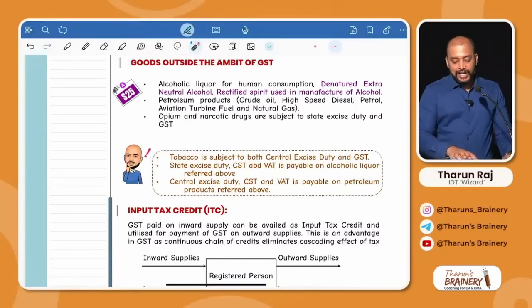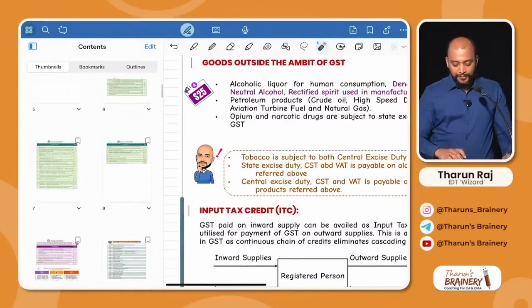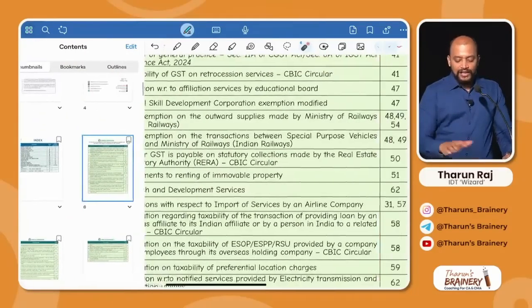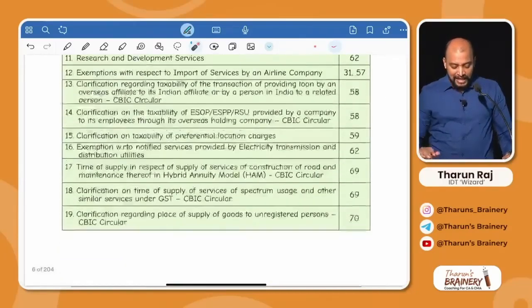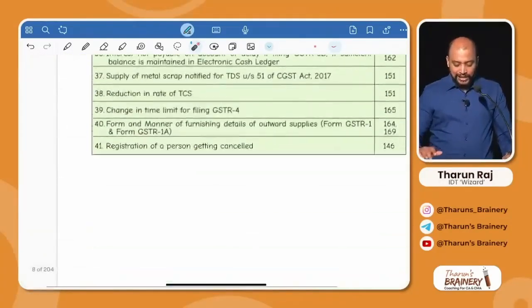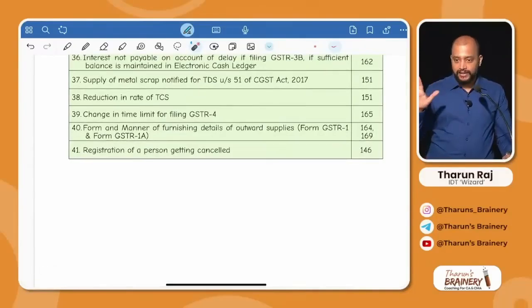Okay. If you see the beginning of this book, I have given all the amendments which are applicable for May 25, index of amendments like that you can see. This time total there are 41 amendments, and with respective pages I have given, so as to which place amendments are there.